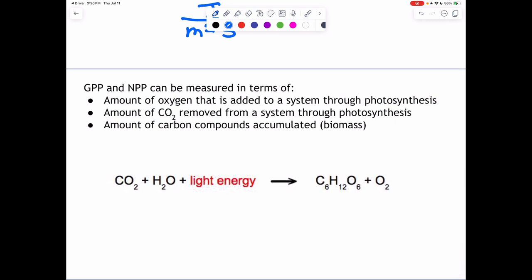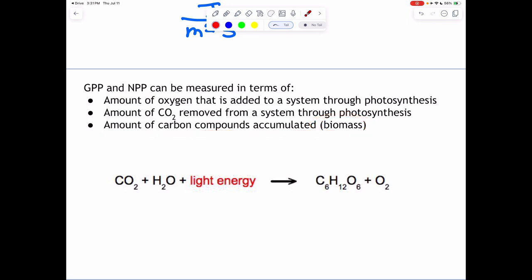Okay, so GPP and NPP can be measured in different terms. I just want to leave this slide up because I think it's very helpful, since we're going to be using it in APES to look at different measurements and compare different quantities. We could be looking at the amount of oxygen. We could look at the amount of CO2 that's removed from a system. Or we could look at the amount of carbon compounds accumulated. Biomass we'll see over and over again.